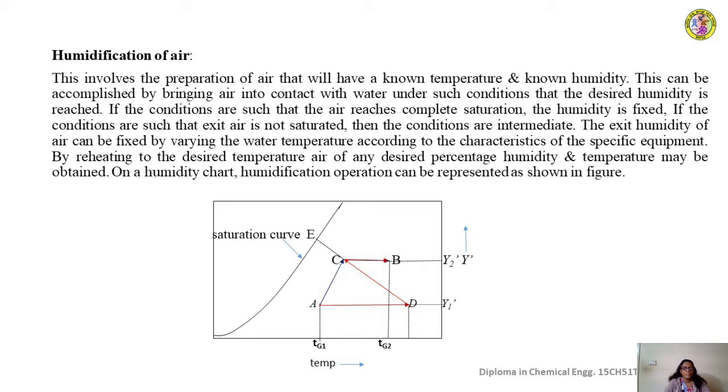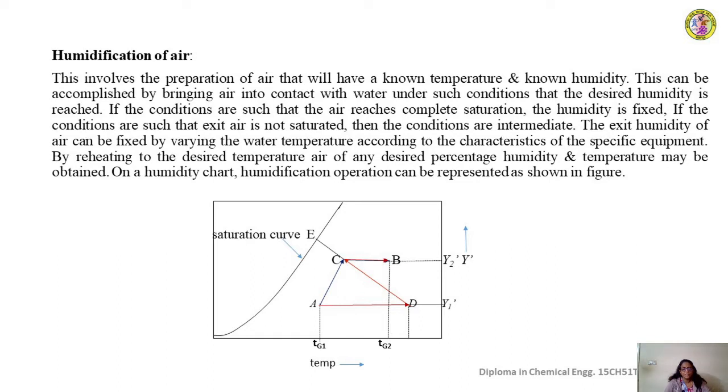That operation can be carried out in two methods. In the first method, the air is treated with water until the desired humidity is reached, and after that, the air you obtain will be heated to whichever temperature is required.